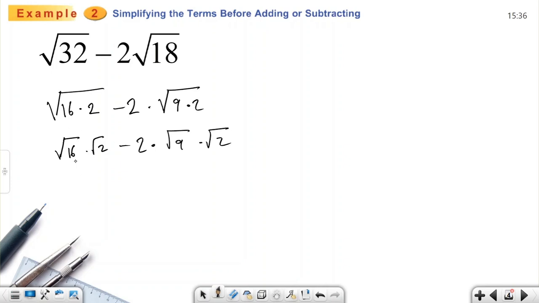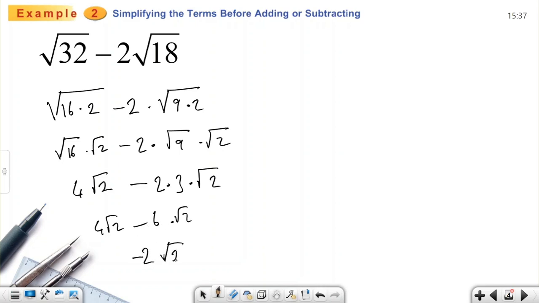So I use the property here. So 4 square root of 2 minus 2 times, what's square root of 9? It's 3 square root of 2. So 4 square root of 2 minus 2 times 3 is 6, negative 6 multiplied by square root of 2. 4 minus 6 is negative 2 square root of 2. So that's how we simplify before adding or subtracting.